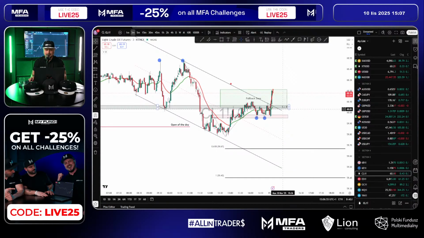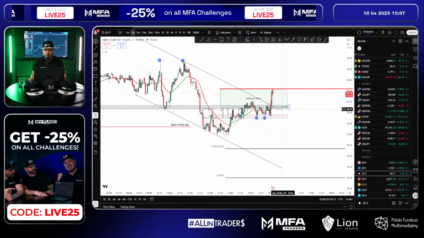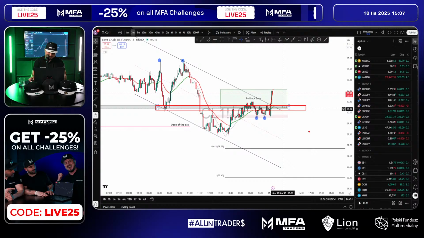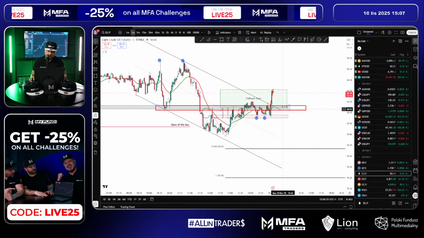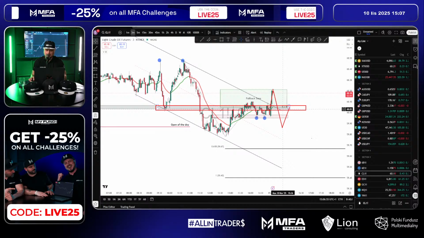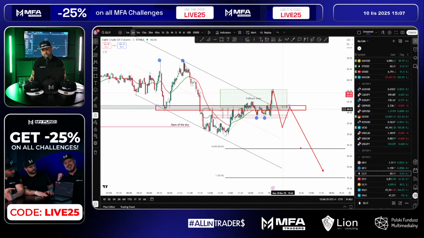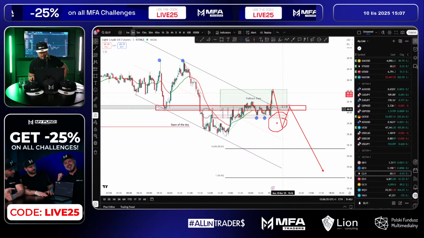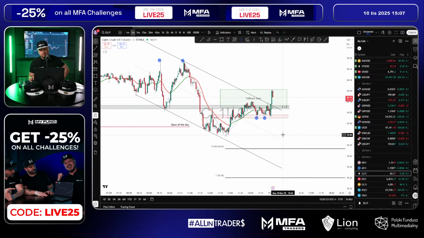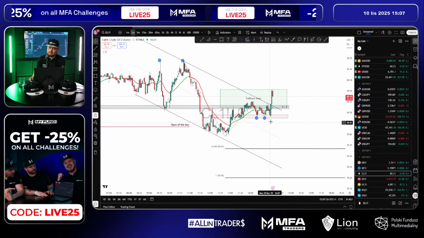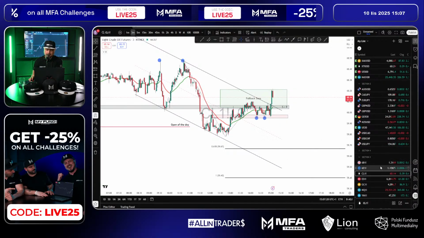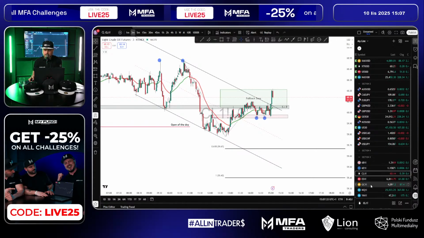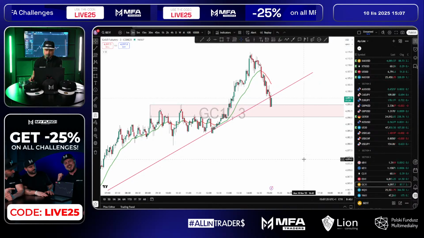This correction is deep, but still at level 61.8, which is good. But now we are on the other side of support resistance zone. So we need to wait for the price to get to this side, and maybe then we're gonna be able to make a decision to go down. Reaction is good, but we'll see. I'm not saying no, but it was looking better before for sure. Okay, we got breakouts.